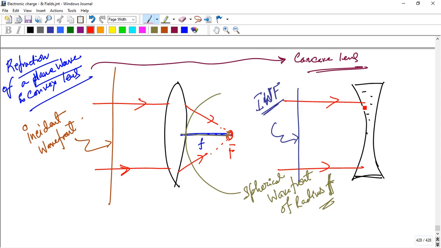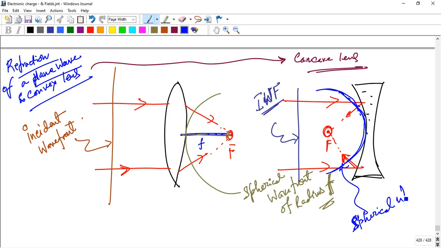If I go back to that medium, we get the F point here, and we also get a spherical wavefront of radius equal to the focal length, or R by 2, the radius of curvature by 2.